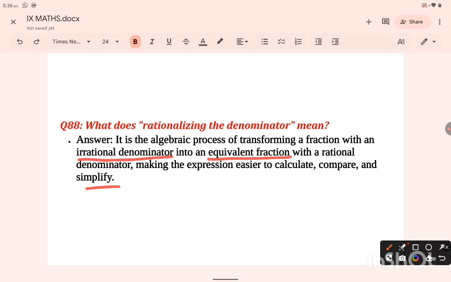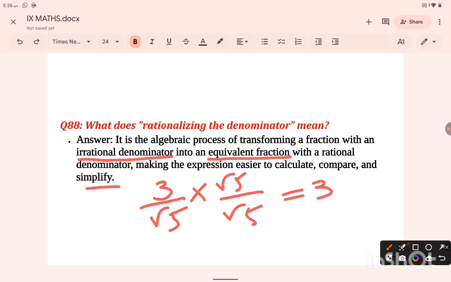Okay, suppose for example 3 by root 5. Now we can multiply root 5 to both the numerator and denominator, root 5 by root 5. That gives 3 root 5 by root 5 into root 5, which is 5.